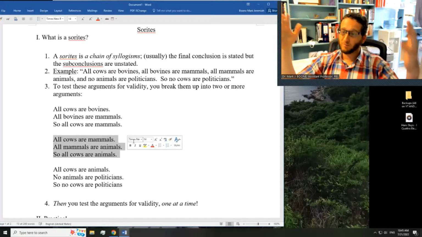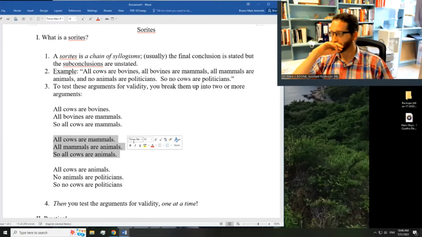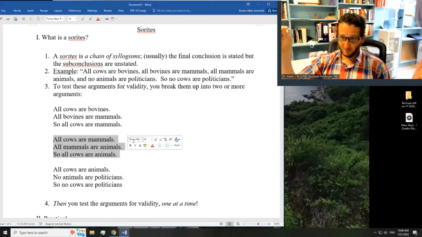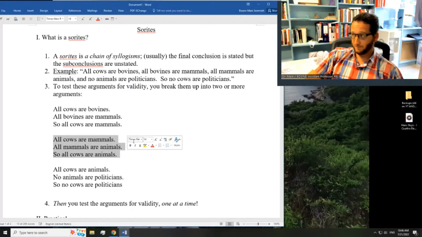So you'll only be able to add one premise at a time as you keep re-articulating each syllogism in the chain, because a syllogism can only have two premises. Every syllogism that's not the first in the chain will borrow for one of its premises the subconclusion of the last syllogism.